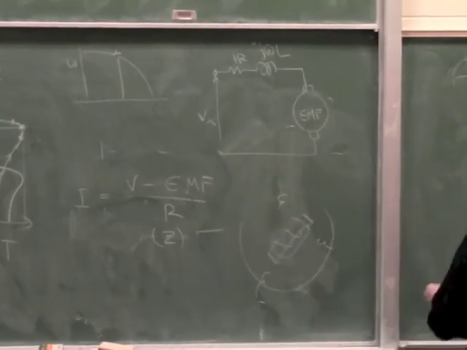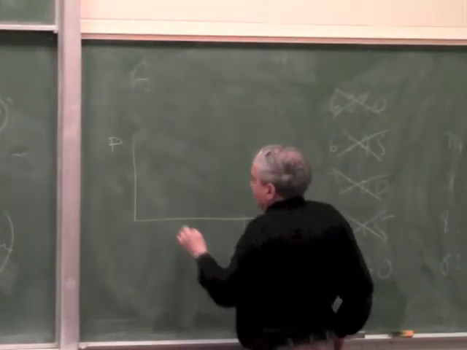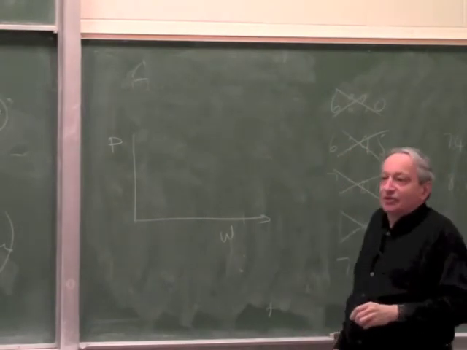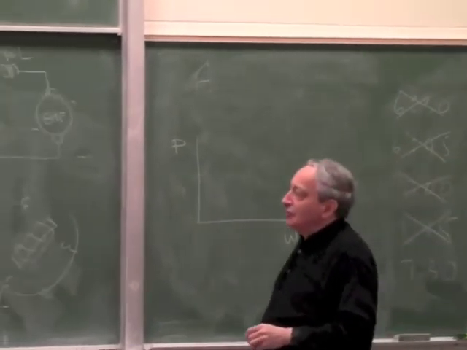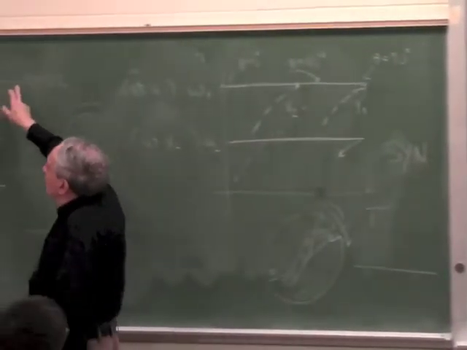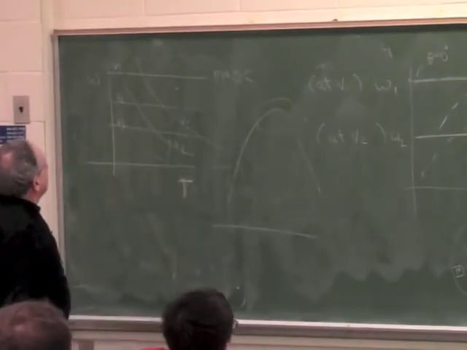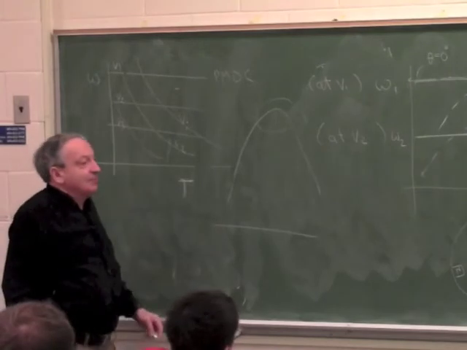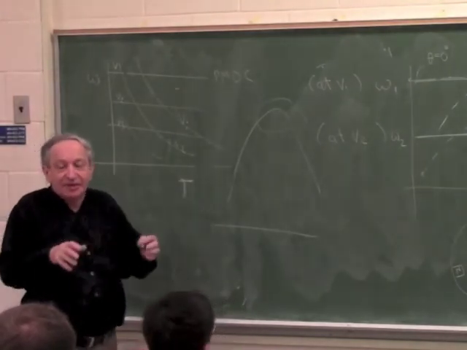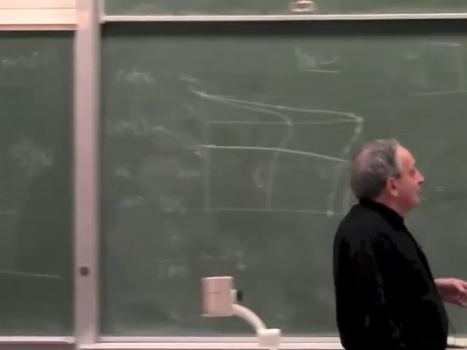So now if you plot power, so now I'm plotting a different set of curves, power versus omega, okay? So if you look at a PMDC motor, which is almost constant omega, where torque goes up, so if the motor is limited, say, to a given torque by the wiring, it can only take 10 amps, so it gives you a certain torque, and you give it more and more voltage, you will give more and more power.